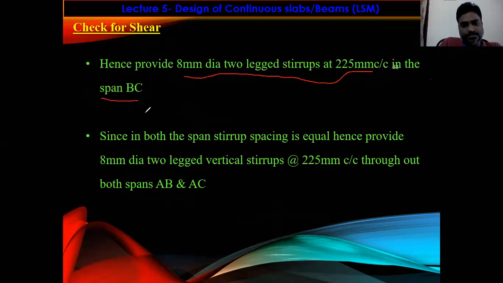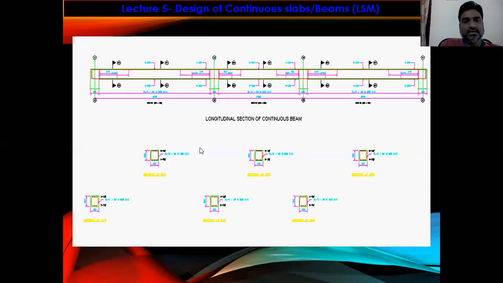Since both the span stirrup spacings are equal, hence provide 8 mm diameter 2-legged vertical stirrups at 225 mm center to center throughout both the spans, that is AB and AC. So this is how you need to design your continuous beam, right?